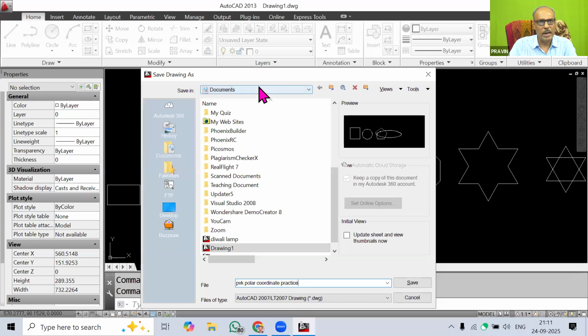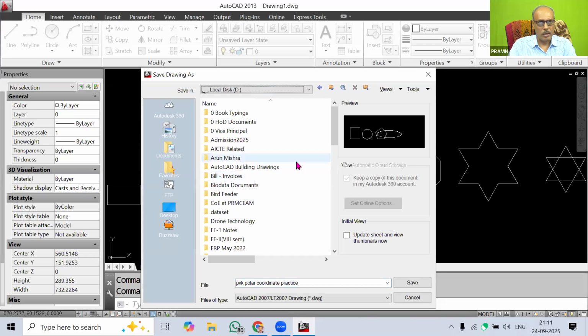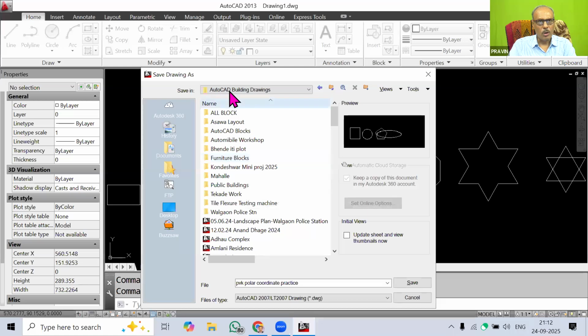Now here I have to check that I have already told you that you have to make a folder on the D drive, जिसका नाम रहेगा आपका D drive के ऊपर AutoCAD practice drawing. Building drawing is a separate thing. Building drawing is only for building client work के लिए, और अभी आप जो सीख रहे हैं वहां पर आप जो ड्राइंग बना रहे हैं, so that was AutoCAD practice drawing. So that type of folder also you need to create, and inside that now you have to save this file. So I will just open this folder AutoCAD. आपको लेना है AutoCAD practice drawing, वो वाला फोल्डर आपको बनाना है. मैंने अभी बनाया नहीं है वो.